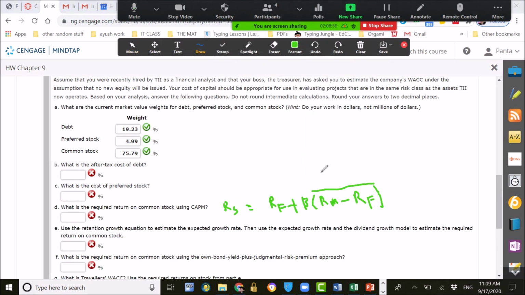This is the whole thing, the risk premium. So RF is 7% plus beta, which is 1.6, times 5%, right?